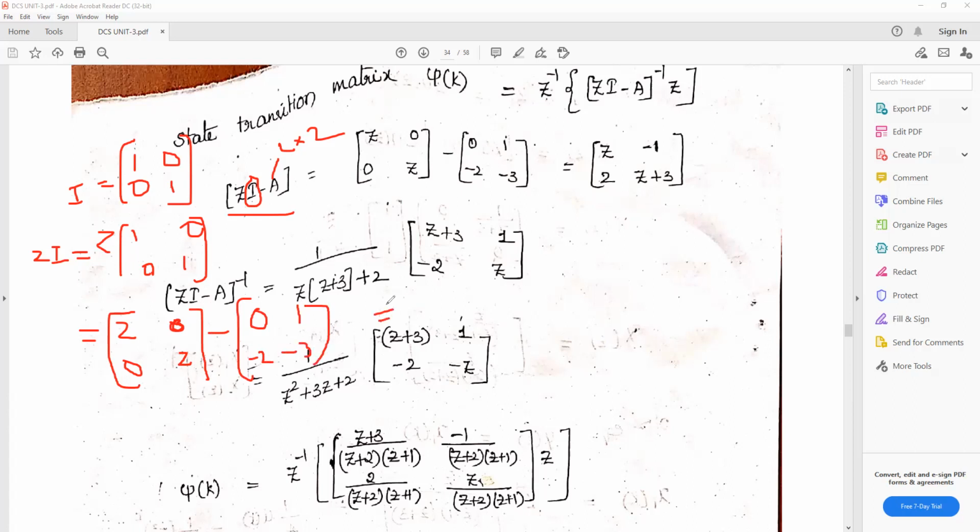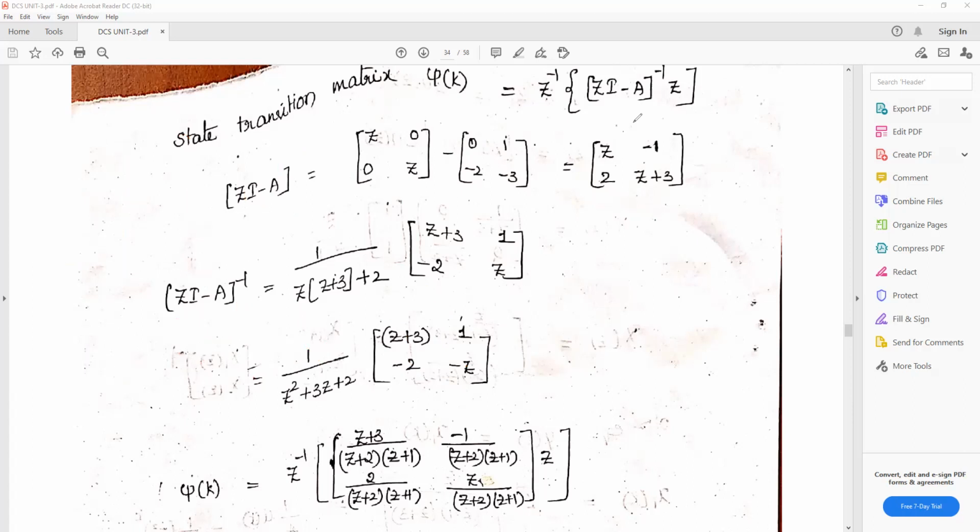Z minus 0 is z, 0 minus 1 is minus 1, 0 minus of minus 2 is 2, z minus of minus 3 is z plus 3. So this is zI minus A.